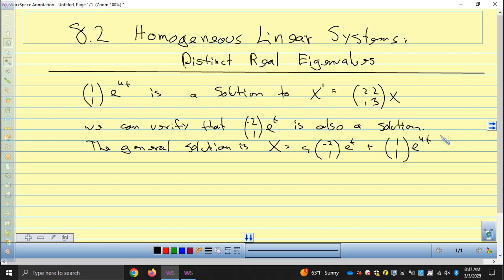So our question, or what we wonder, is can we always find a solution to this kind of equation in the form of k e to the lambda t, where k is a matrix, always a solution to this type of equation?